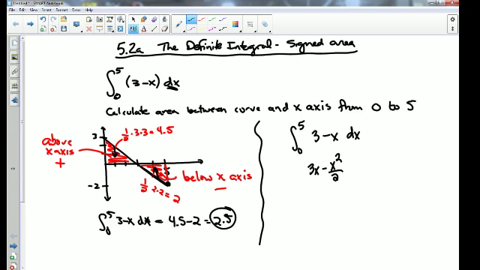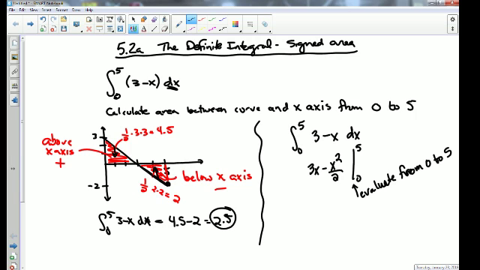Now here's what you haven't learned yet. This is called a definite integral. This is called evaluate from 0 to 5, and this is how you write it. Once you've calculated the antiderivative, the integral sign's gone, and now you write evaluate 0 to 5.